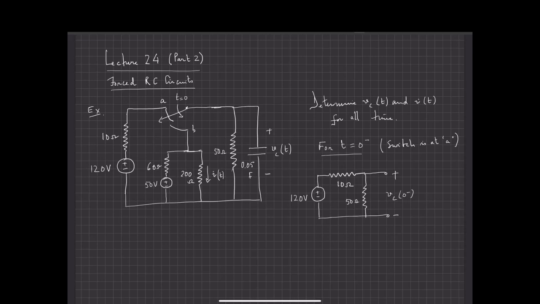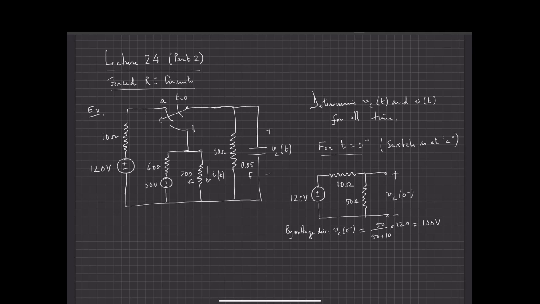One recognizes immediately that Vc at 0 minus is nothing else, by voltage division, than 50 over 50 plus 10 times 120. 50 plus 10 is 60. 60 goes into 120 twice. So this is equal to 100 volts.